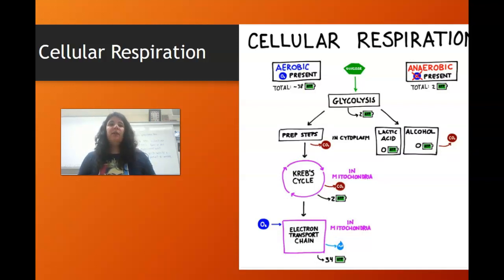For the cellular respiration video, I basically am making a map allowing you to map out this process and give you the super simplified version of what's happening during glycolysis, what's happening during Krebs, what's happening during electron transport chain. And by seeing it on this length of paper type of map, I think it really helps visualize. And then when you're answering questions about that on an exam, you can kind of see where things are happening and what's happening at each stage.